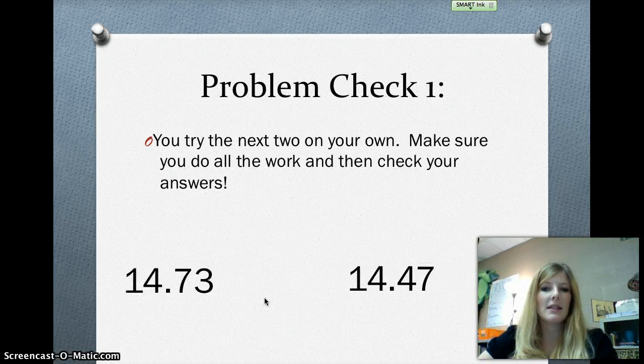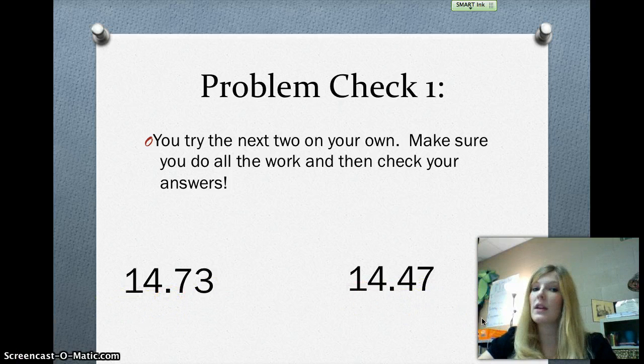Okay, I'm going to let you try this one on your own. Make sure you do all of your work and then check your answers. So go ahead and write these numbers in your math notebook. And I want you to do the arrows if you need to and write greater than, less than, or equal to.